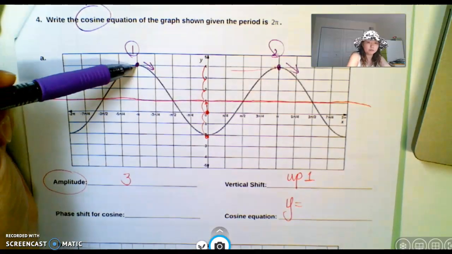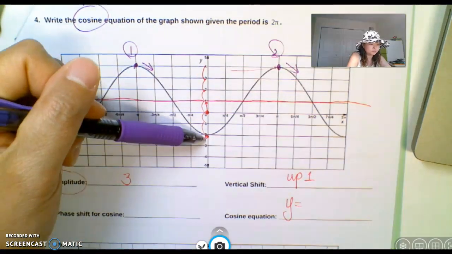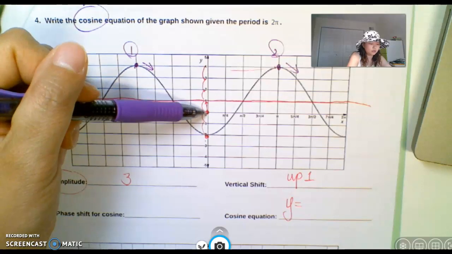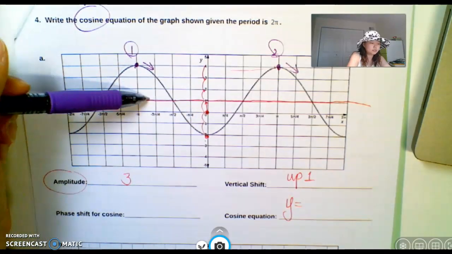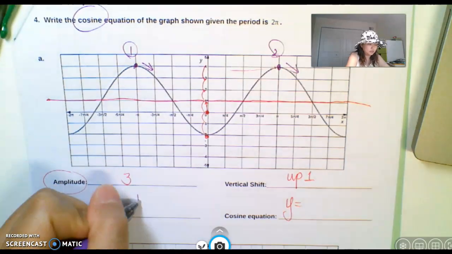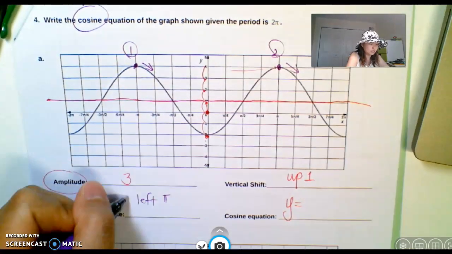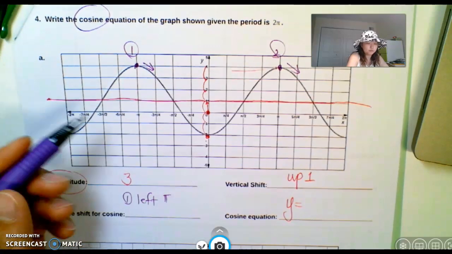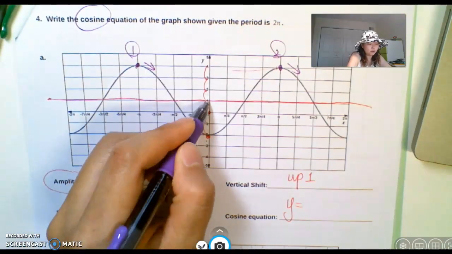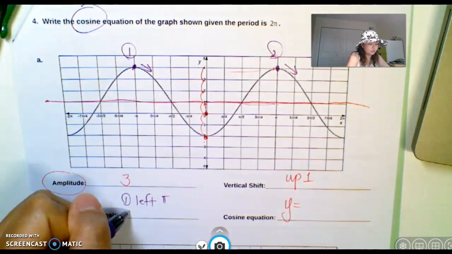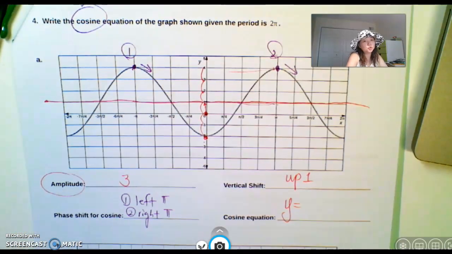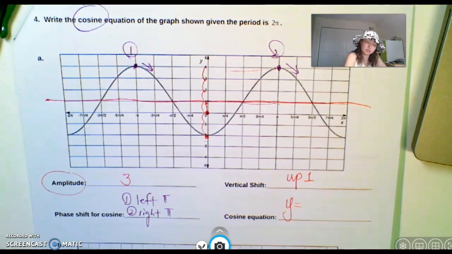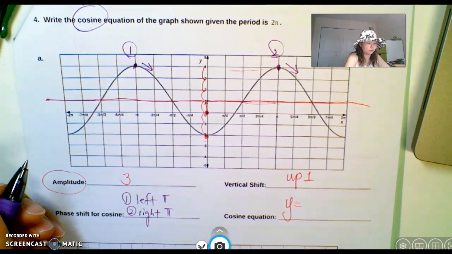From the point (0, 1)'s point of view, instead of the origin, it had to go up 1 and then move to the left pi. That's one way of thinking about it. Or, instead of the origin, it went up 1 and then moved to the right pi. As always, you do not have to tell me both. I'll take either one, but I'm just showing you both ways.